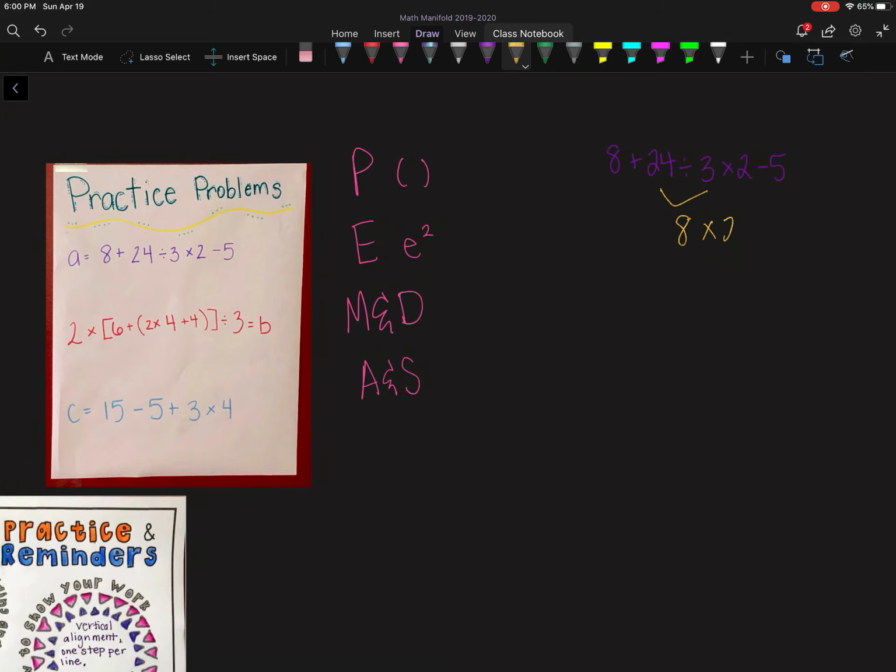And then it's very important for you to rewrite the rest of the problem around it. And I typically switch colors every time just to show you the steps and help to keep myself organized, but also to show you that I've moved on to the next step.